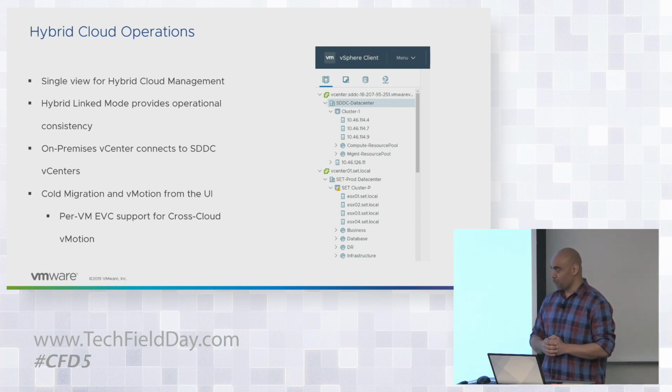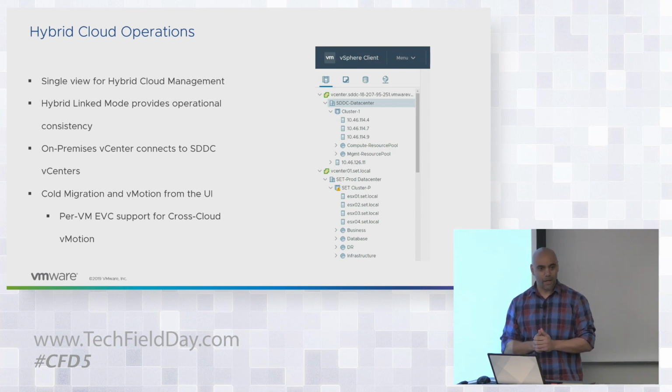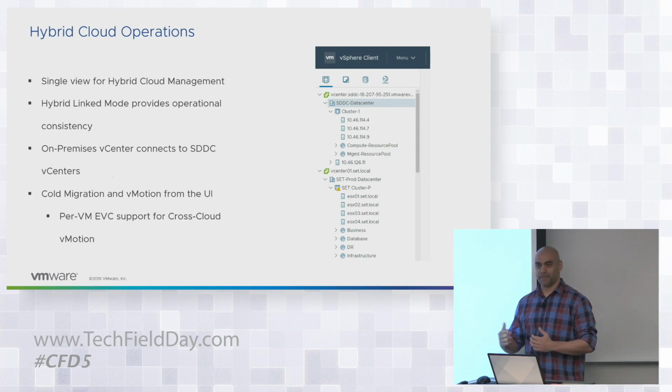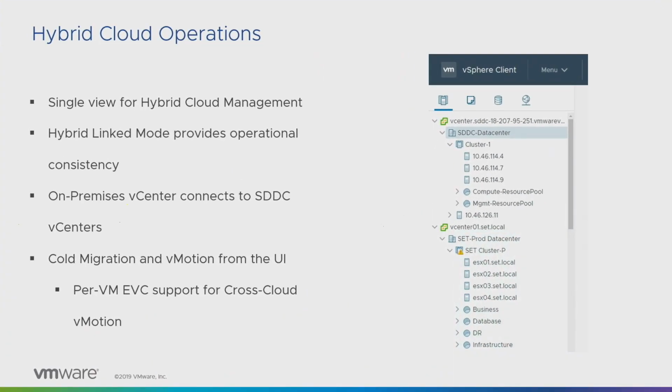With Hybrid Linked Mode, we're providing the ability to bring together two separate SSO domains, which is vsphere.local on-prem traditionally, and within VMware Cloud on AWS, it's vmc.local. We bring together those two SSO domains, but we're able to retain that separation of permissions.